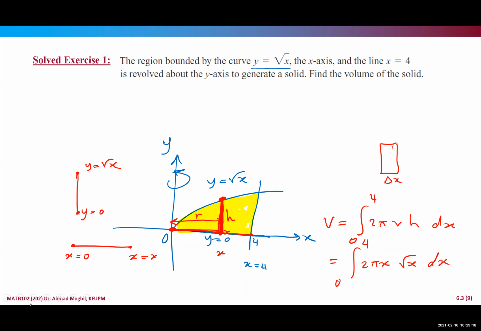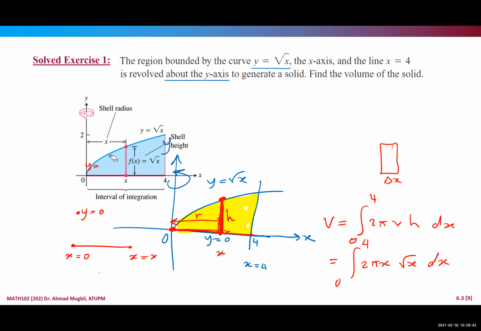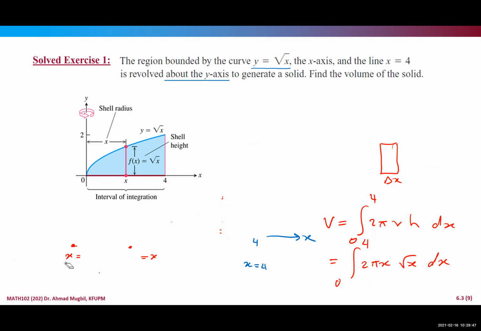By the way, can we apply here the methods that we learned in section 6.2? Of course we can. You can use the cross sections method. If you want to use 6.2, the cross section will be a washer, and you need to find the inner radius and outer radius, but I think this is much easier.